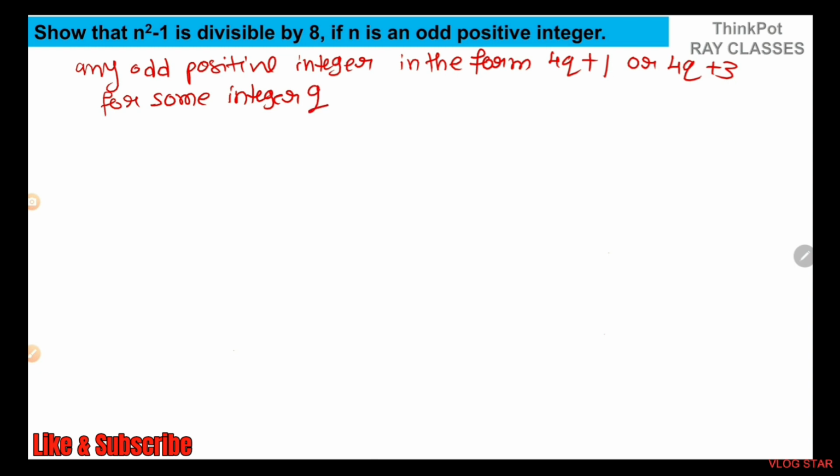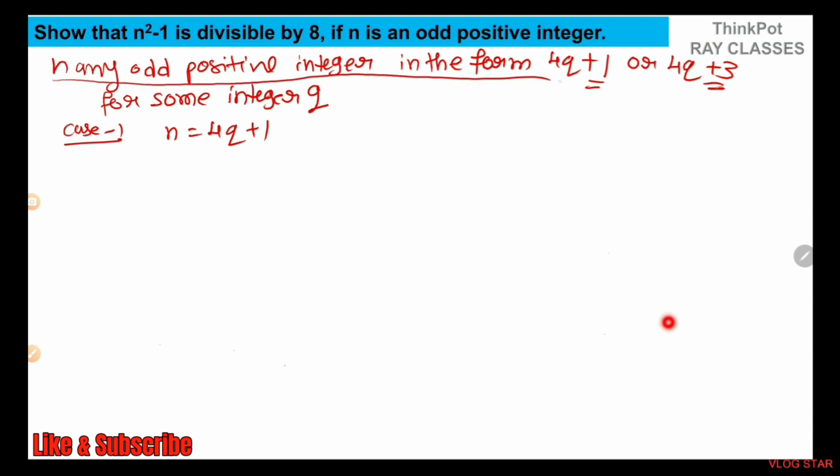Since it is divisible by 8, it has to be a factor of 8, and since it's an odd positive integer, we must have plus 1 and plus 3 in that, which are odd numbers. So n is any odd positive integer in the form of 4q plus 1 or 4q plus 3.